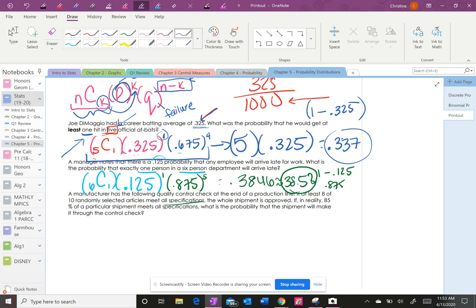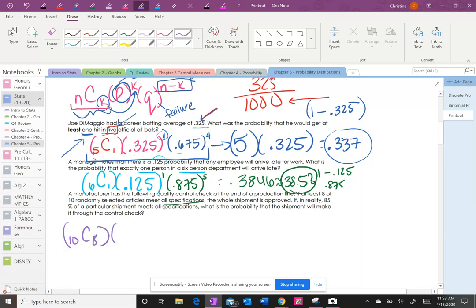So what it's saying is that, if 85% of the shipment is approved, it's going to go through. They're saying that you're doing it 8 out of 10 times. So what's the probability that it will actually make it through? It should be a pretty high probability because you're choosing a lot more. So 10, choose 8 times.